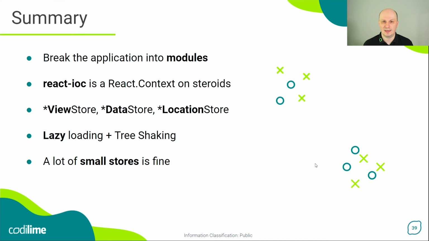You may also scale horizontally and vertically in the components tree of your application, and location paths and routings are your tool to handle, for example, splitting bundles. React-ioc is some kind of React context on steroids, as I showed you, that it's super easy to use and super powerful. The next thing is naming convention.